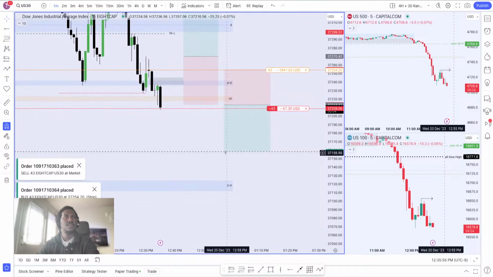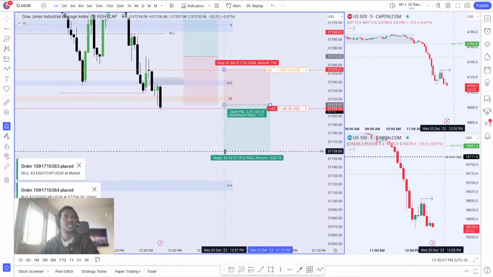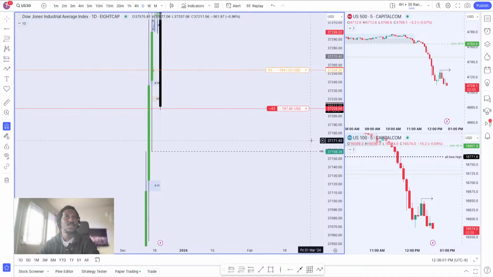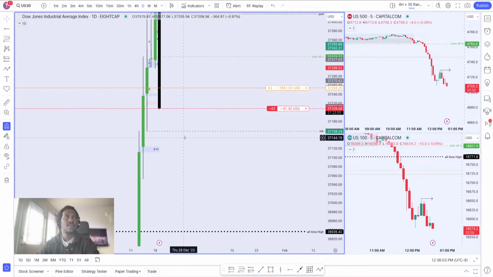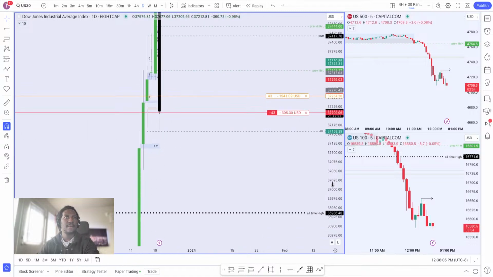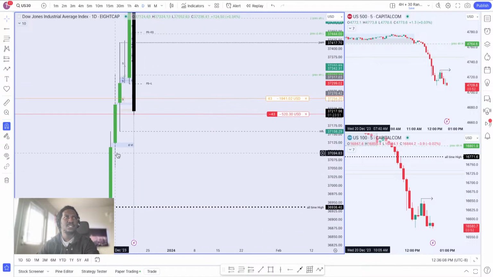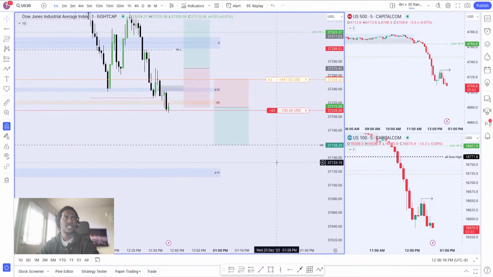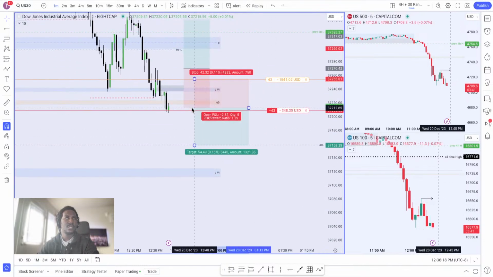I think we are more likely gonna be getting to this old daily low, which I don't know, the low of this candle, right? And then ultimately to this daily, we're now on the daily time frame, ultimately to this daily volume imbalance over here. Now, if that doesn't work, then I'll just have a buy. So let's just do this.